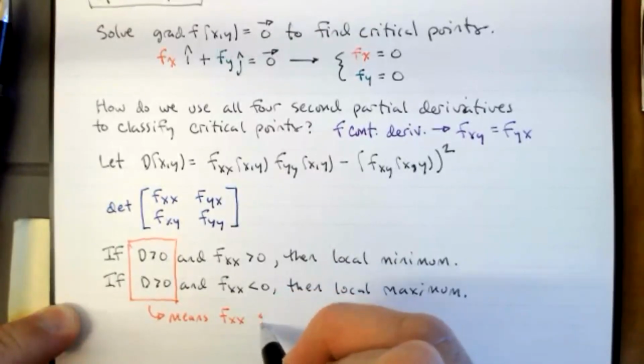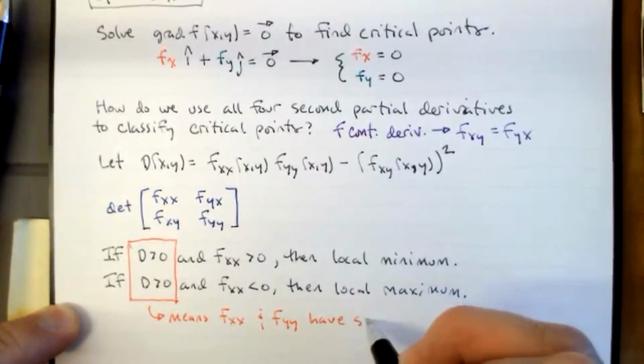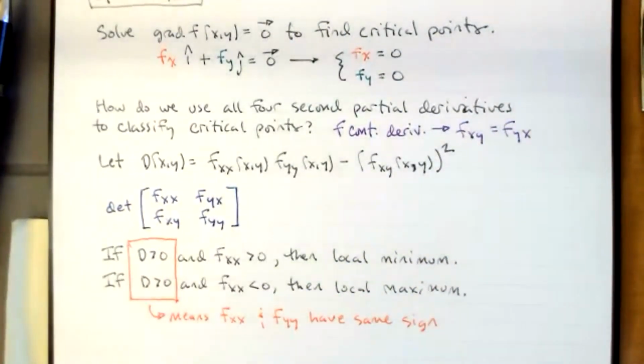I take fxx times fyy and then I subtract something from it. Fxy squared is going to be a positive quantity we're subtracting. So if fxx and fyy have the same sign, then D could end up being positive. If D is positive, then most definitely fxx and fyy have the same sign. We're subtracting from a positive quantity.